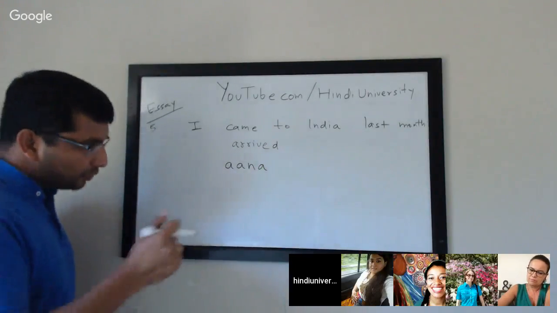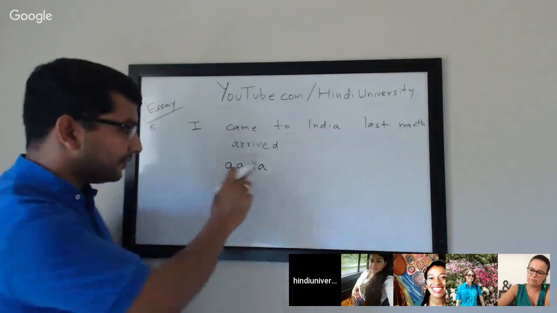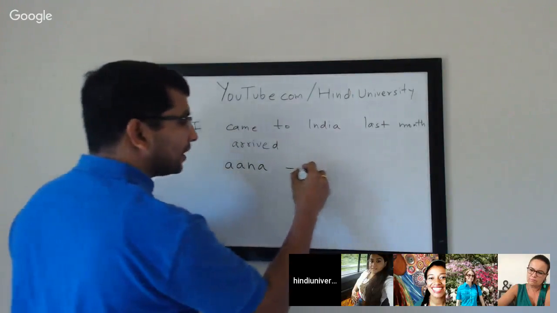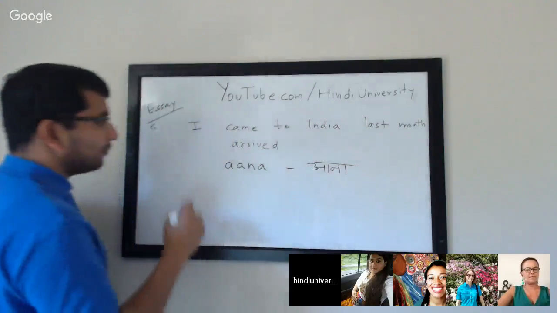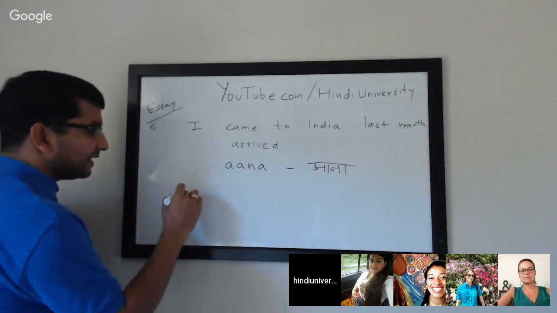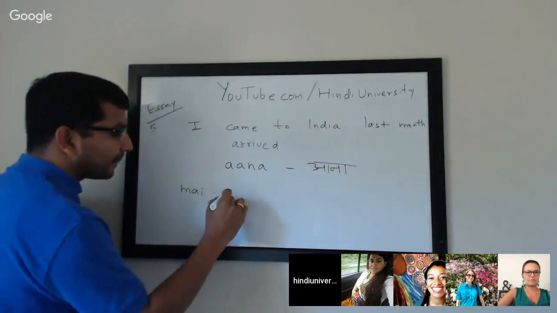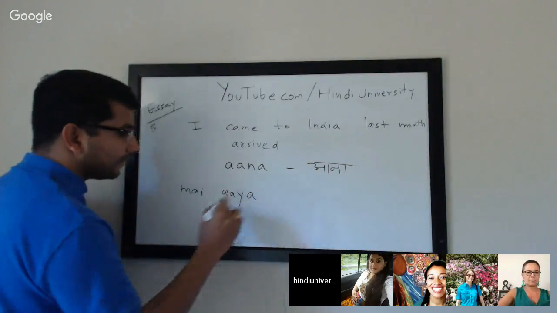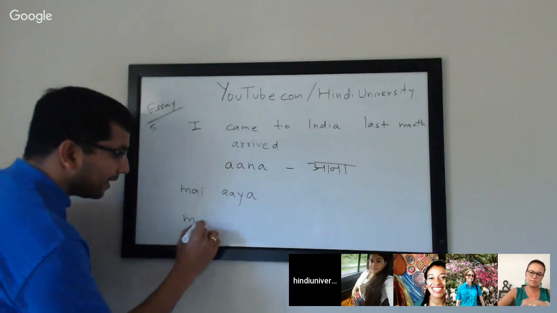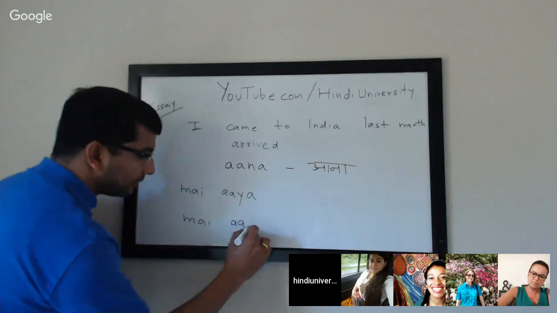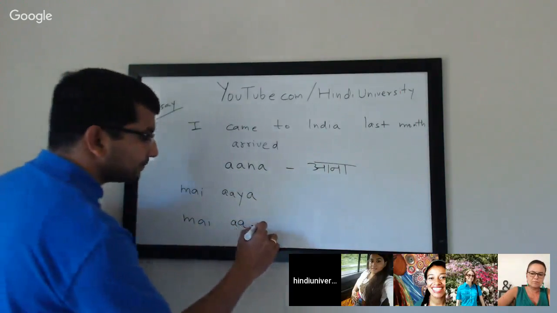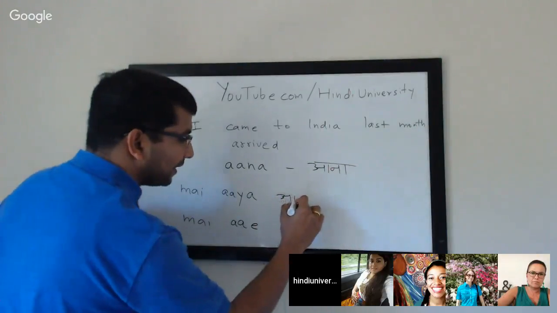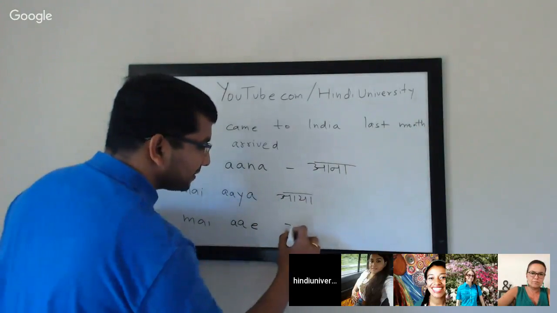I'm not doing जाना in this class, but we'll focus on आना. So if I'm saying it, it will be मैं आया. For a girl it would be मैं आई. So आया versus आई.